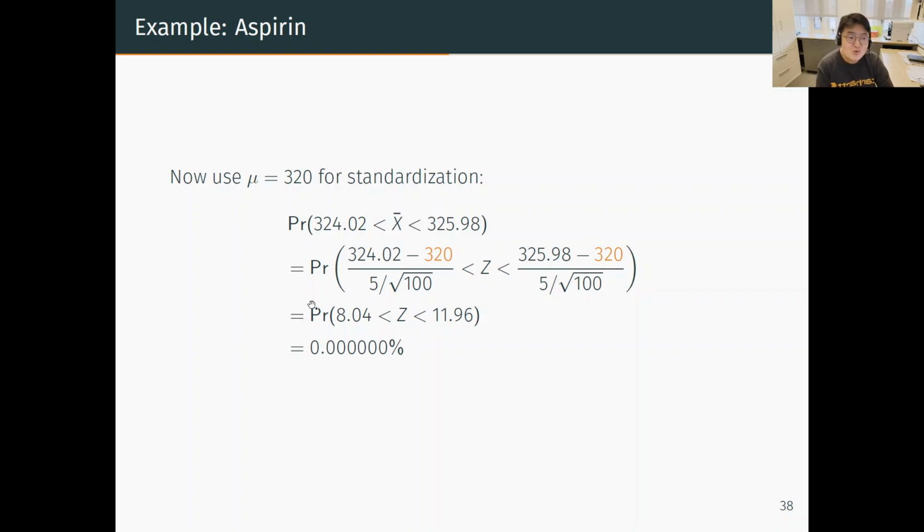On the scale of the standard normal distribution, 8 and 12 are extremely large numbers. Outside 4 or 5 is nearly impossible to happen, right? So on Excel, if you use a normal distribution calculator, you will find it's 0.00000%.